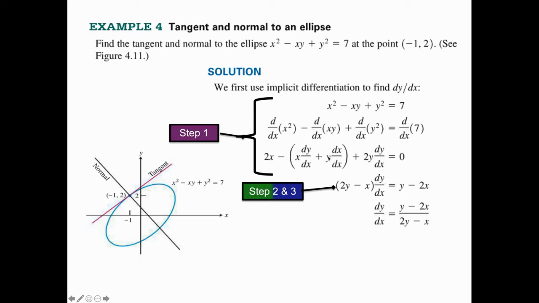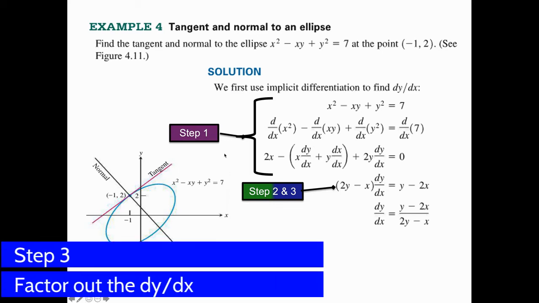So this is really a negative y, so I'm going to add it to the other side. So that's where the y minus 2x comes from. Well, what does that leave? It leaves a 2y dy/dx, and it leaves a negative x dy/dx. So those two are left on the same side. That would be step 2. Step 3 means you can actually factor out the dy/dx's, so it would look like this.